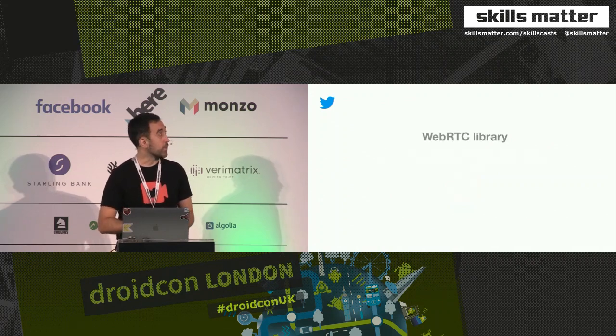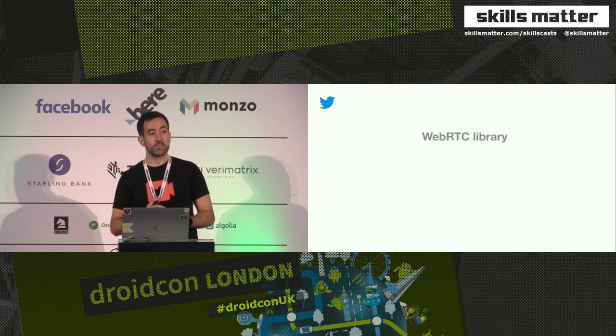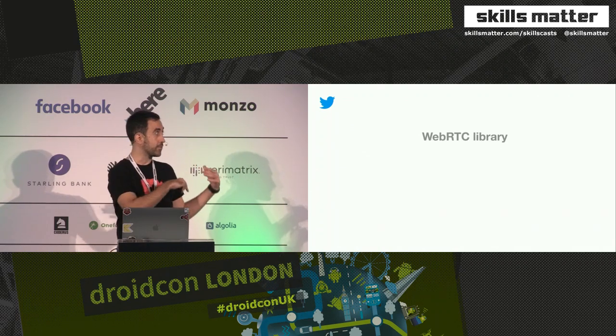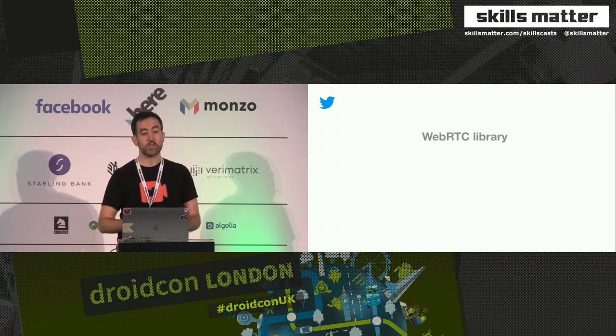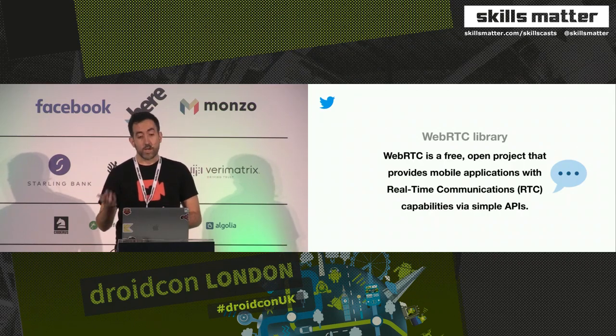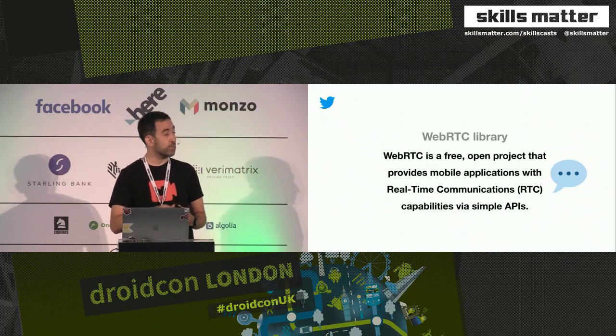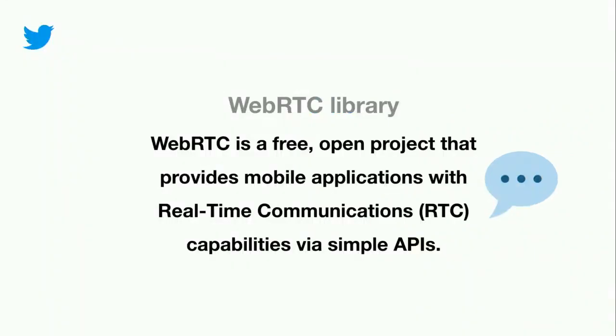The thing is, with our WebRTC library, which is the thing that behind the scenes we are using for this podcast show, we have this tool, which is an open source project, and we use this for the real-time communications behind the scenes. This is actually what enables us to use this podcast show in Twitter for Android.